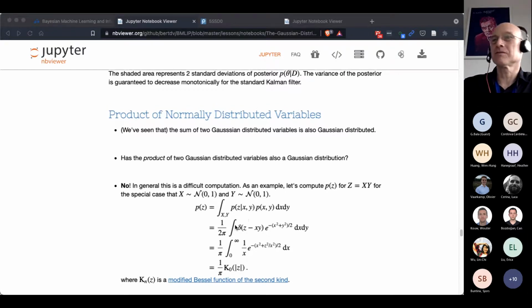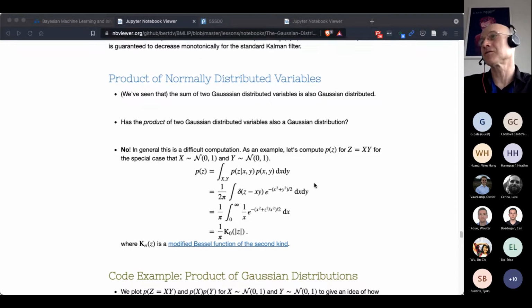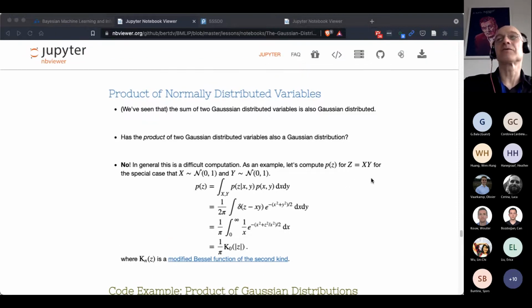It turns out to be an extremely difficult computation, and it involves Bessel functions and stuff. So this is a real problem. You have to really try to think about it and keep that apart. If you multiply two variables that both are Gaussian distributed, then the resulting variable z does not have a Gaussian distribution.